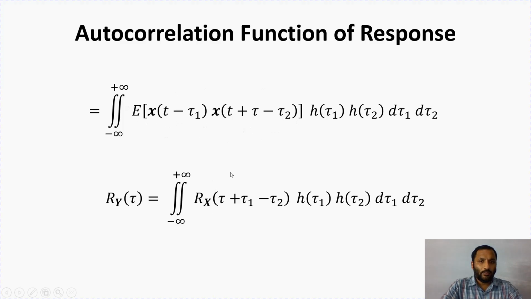Now because x is given as a Wide-sense stationary random process, the autocorrelation function is only a function of the difference of these time points. Now how do I take the difference of these time points, is it this minus this or this minus this?